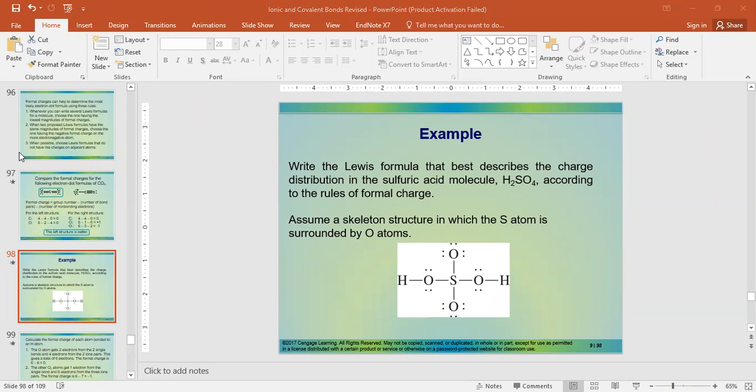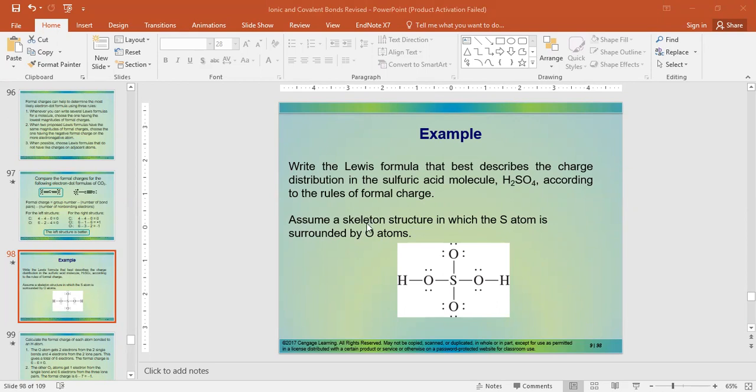We used the central atom as sulfur, right? Yes. Then why are we bonding the hydrogen to oxygen only and not to the sulfur? Just look at the assumption we have just made.